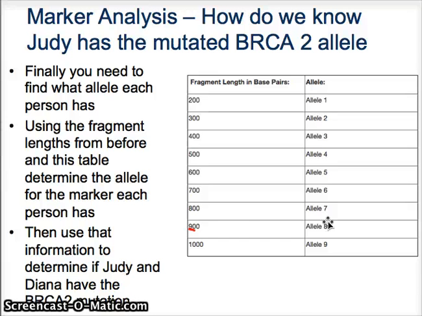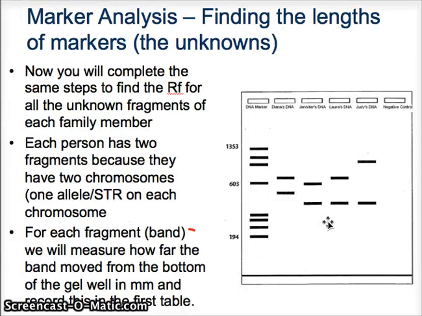So first you're going to figure out which of these markers Jennifer and Laura, the mom and the sister, share, and then figure out if either Diana or Judy share any of those markers. If they do, they most likely have that BRCA2 mutation.